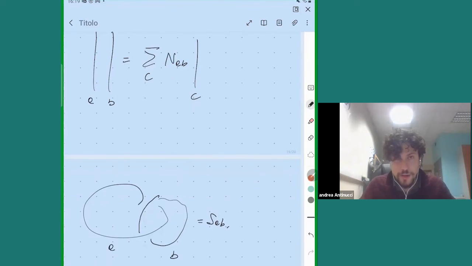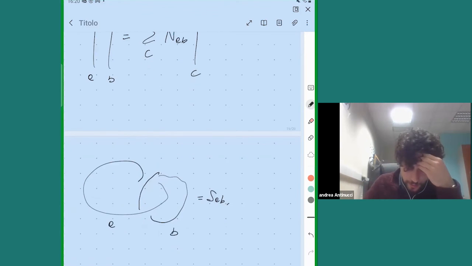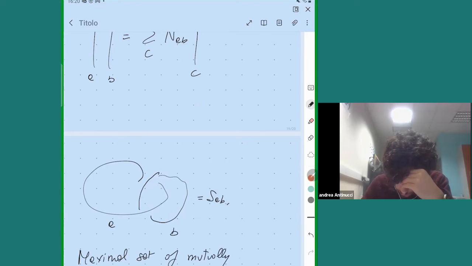In general, you have a finite set of topological defects, and a boundary condition is in one-to-one correspondence with a maximal set of mutually commuting defects.